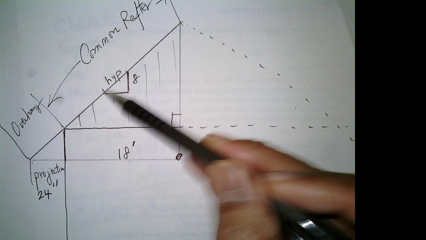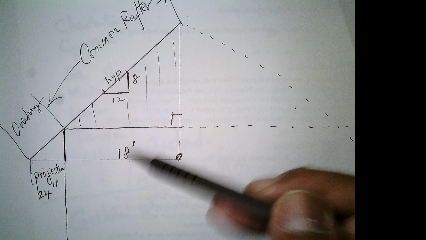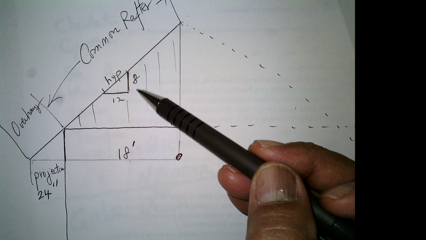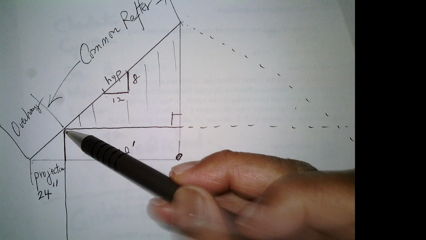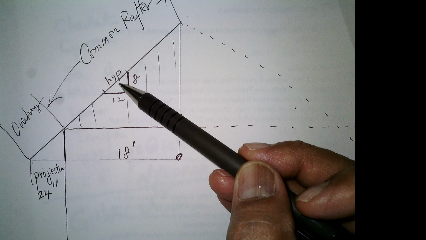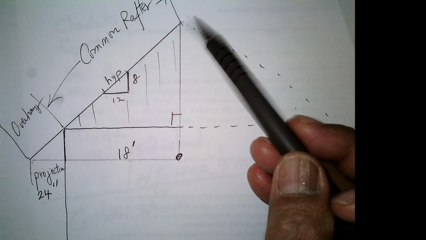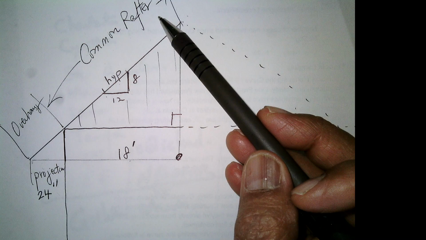So the hypotenuse could also be increased by 18 times, because the run has been increased by 18 times. So the hypotenuse increases in the same proportion. So that's how I calculate the common rafter.